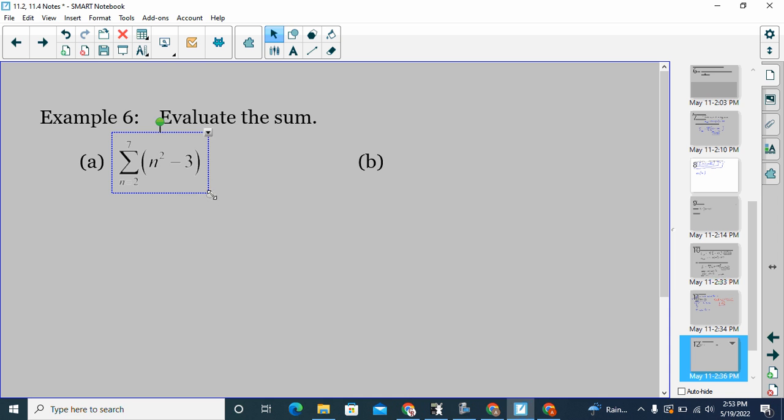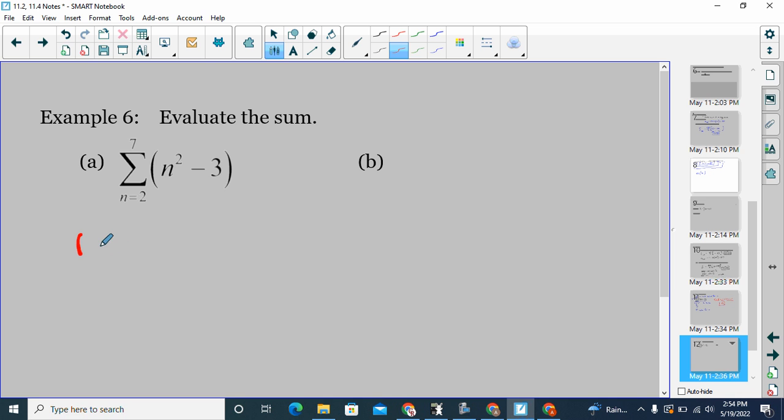So example 6 here, we could evaluate this sum. Plug in 2 gives us 1. Plug in 3 gives us 6. Plug in 4, 16 minus 3. Plug in 5, 22, or 25 minus 3. Plug in 6, 36 minus 3. Plug in 7, and add them up.